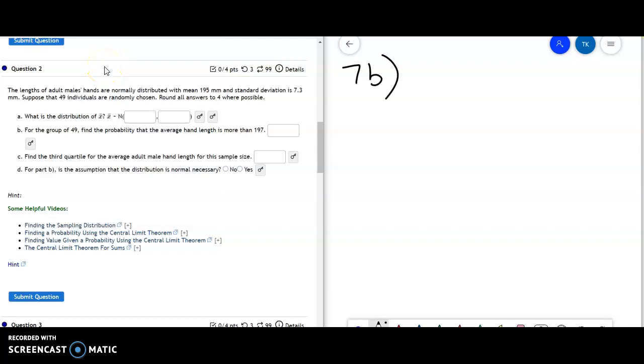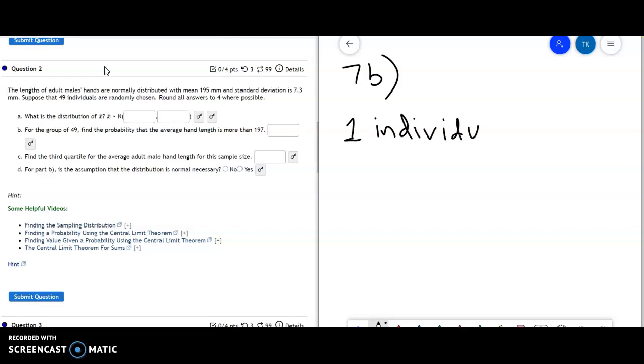Well, in general, if you have one individual, then you are dealing with an X distribution. And if it's normal, it's going to have a certain mu and a certain sigma that's given in the problem. It's going to be flat out given.